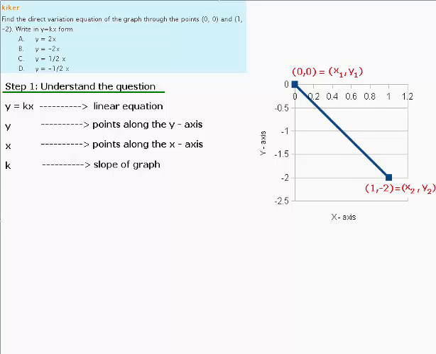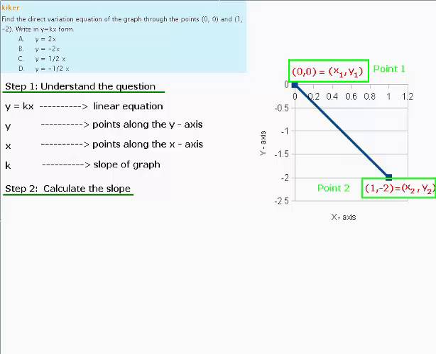In other words, we've decided to label point (0, 0) as point 1 and point (1, -2) as point 2. This becomes important because the next step requires that we solve for the slope, that is k.